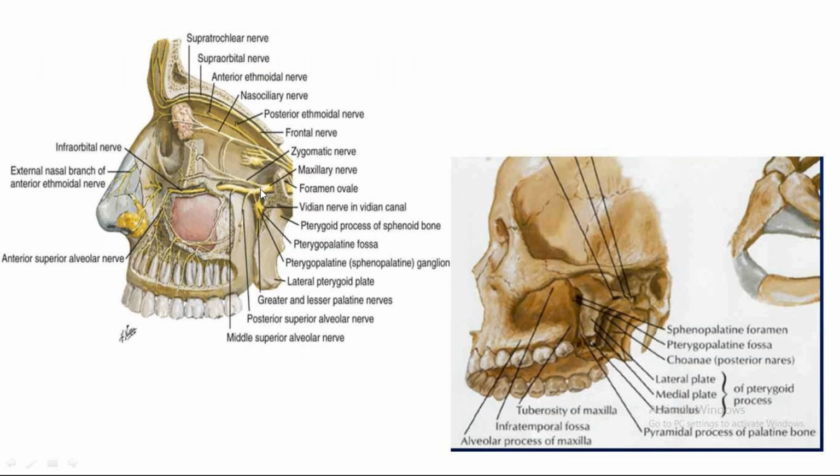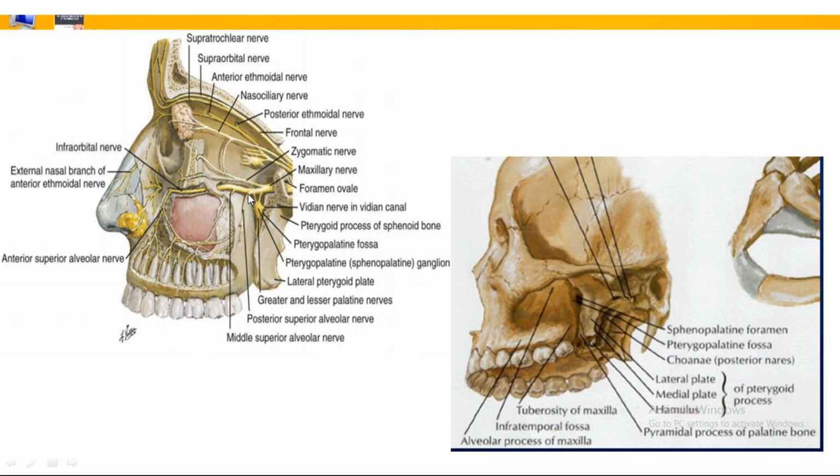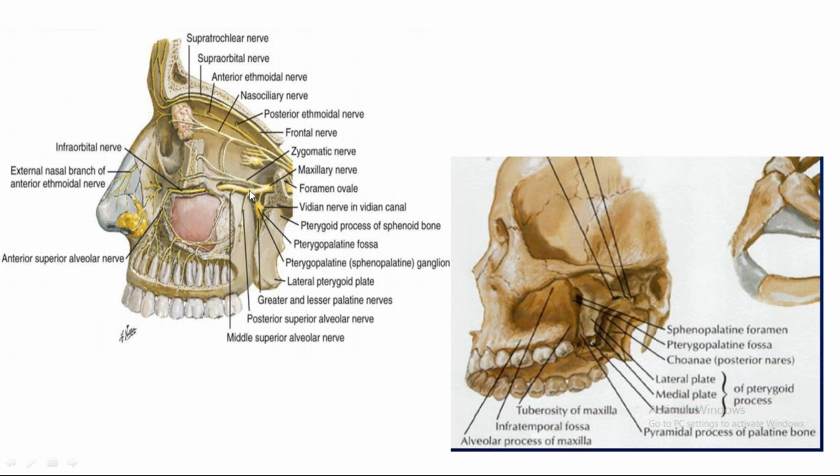From V2 the sphenopalatine ganglion is derived. Okay, and here you can see this is the posterior superior alveolar nerve, this is the middle, and then here is the anterior superior alveolar nerve. So these three nerves arise from the maxillary division of the trigeminal.